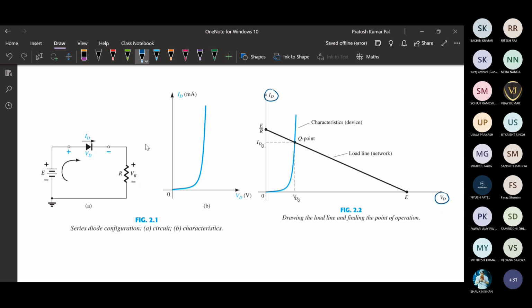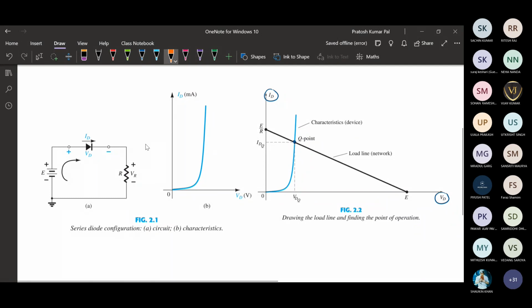The point where the network characteristics, the complete circuit VI characteristics, and the diode characteristics cut each other at a particular point.